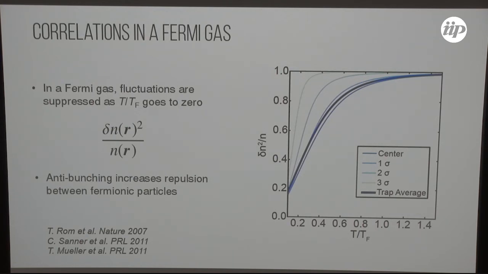There are other ways to see this, like anti-bunching and so on. Essentially, when the levels of the harmonic trap are filled, it's very difficult for the fermions to come to a short distance. So there is an additional repulsion that is, in our case, also stabilizing this chemical reaction.